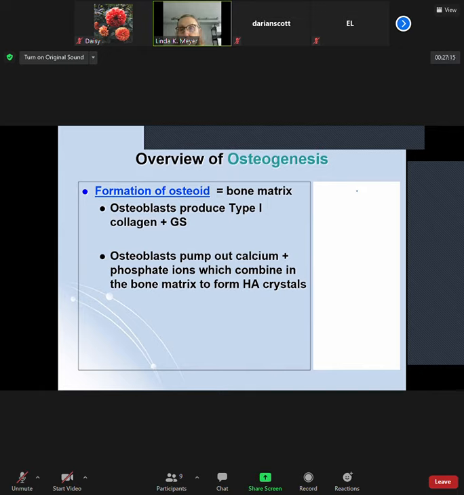So over here, here's an osteoblast at the surface. When they lay down the first layer, it's just going to be this type 1 collagen and ground substance.